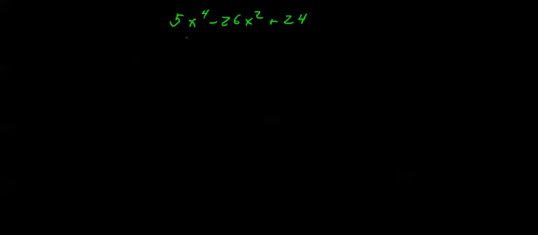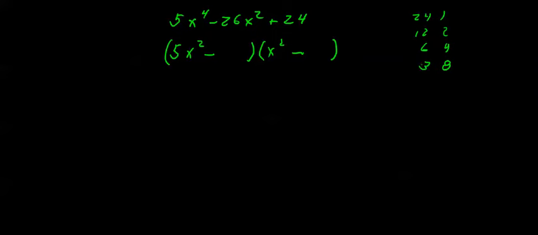All right, let's see if we can factor this. Again, we note it's in quadratic form, so we have 5x squared, and we have x squared. This is positive 24 minus here, so it's a negative and a negative. 24 and 1, 12 and 2, 6 and 4, 8 and 3.